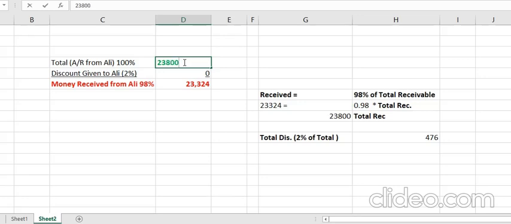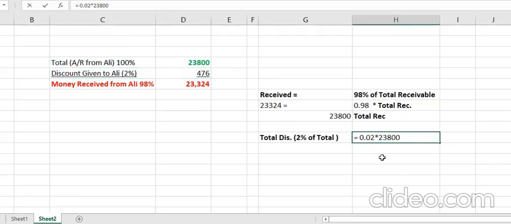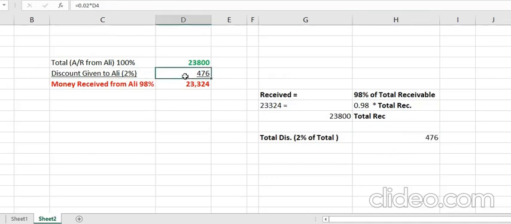This is my total, that's 100%. So 2% of the total was my discount. That's calculated here: 2% of the total, 23,800. This was my discount. So the money in my receivable, which I was expecting from Mr. Ali, let's say, was 23,800 from him.